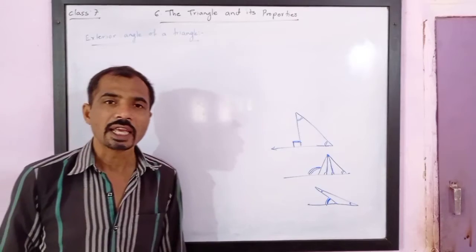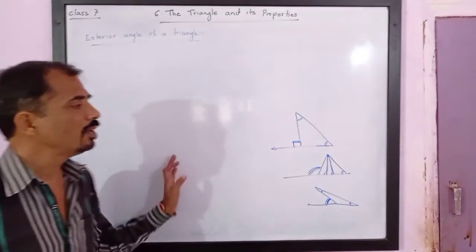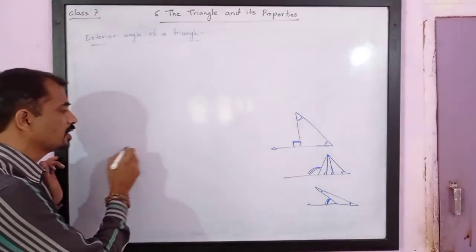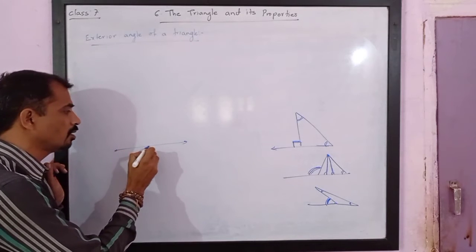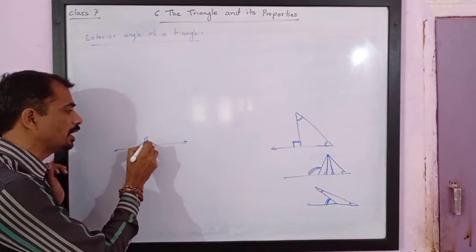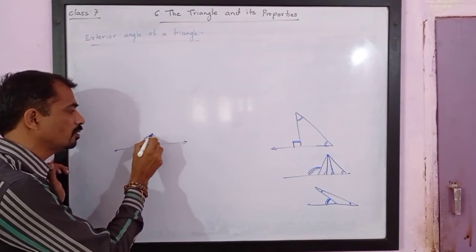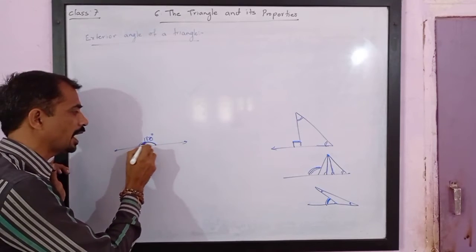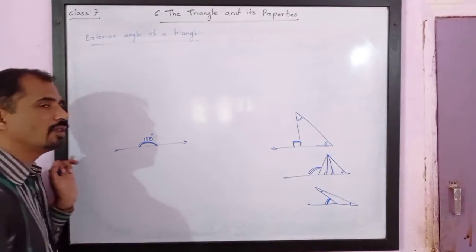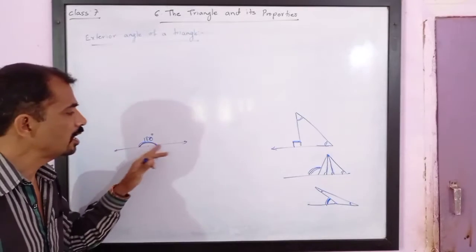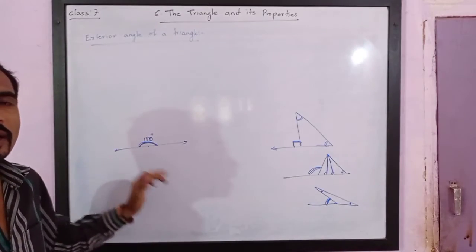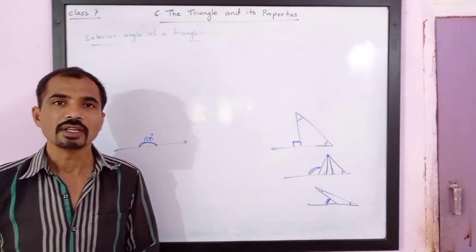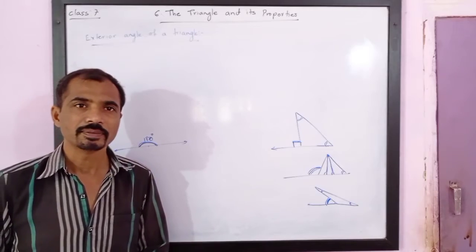Dear friends, an exterior angle can never be a straight angle. Straight angle means the angle is 180 degrees. If the exterior angle is equal to a straight angle, it means the triangle does not exist. So an exterior angle can never be a straight angle.